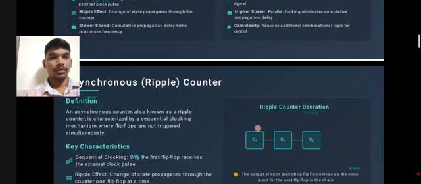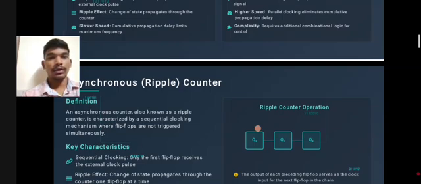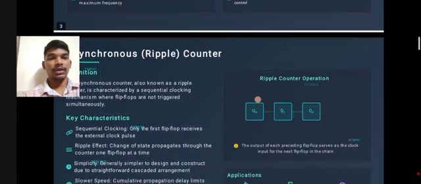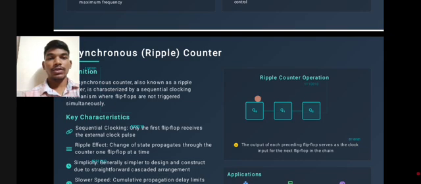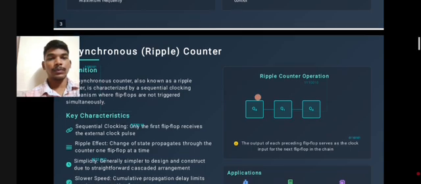Asynchronous ripple counter. An asynchronous counter, also known as a ripple counter, is characterized by a sequential clocking mechanism where flip-flops are not triggered simultaneously. Key characteristics: sequential clocking: only the first flip-flop receives the external clock pulse.